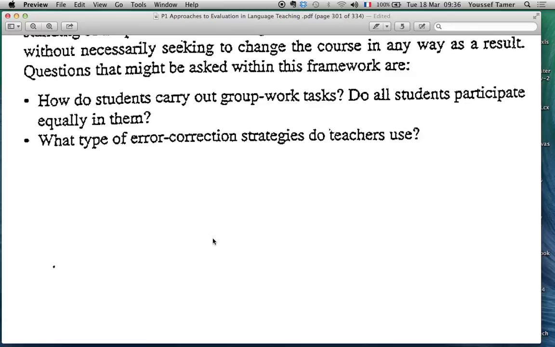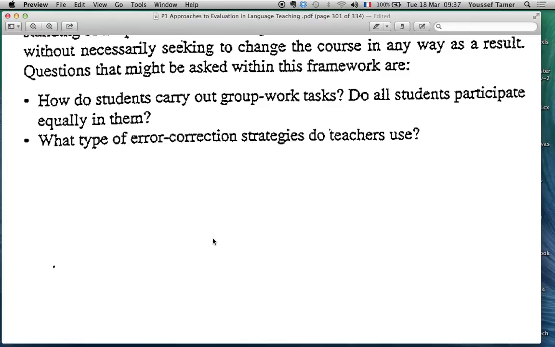Do all students participate equally in them? Because it's very important to know if the students are participating in all of them. If only a few participate and others are not, then there is a problem in there.